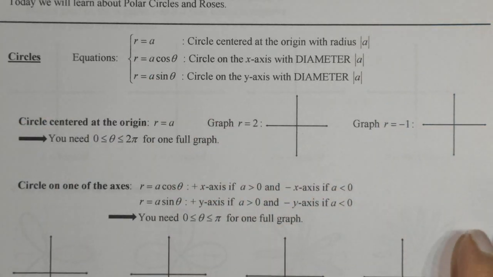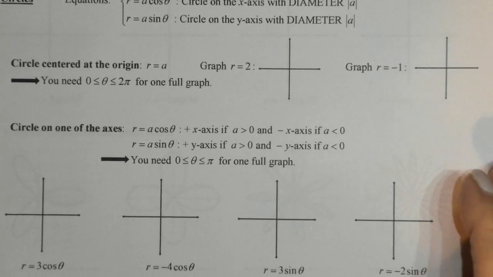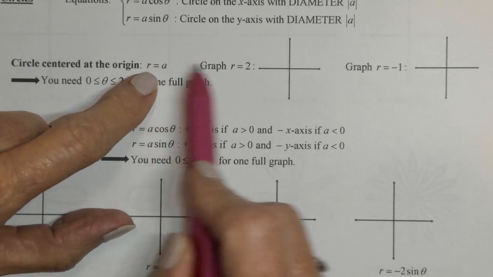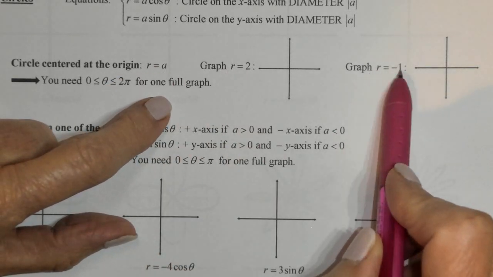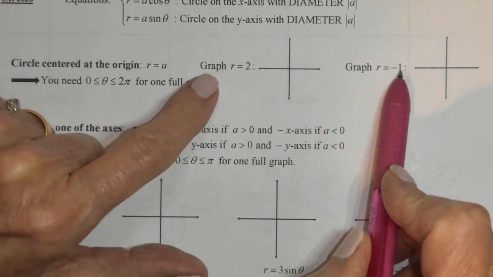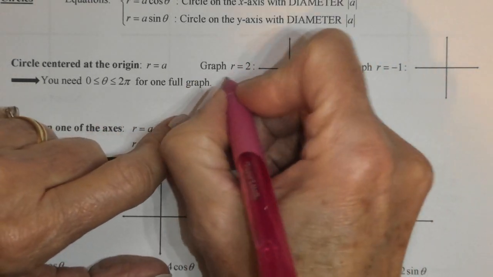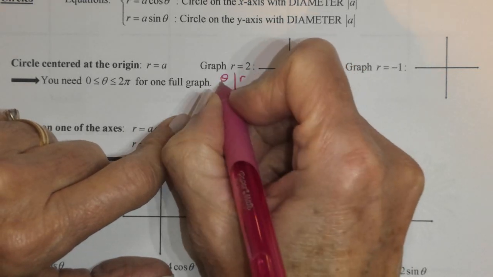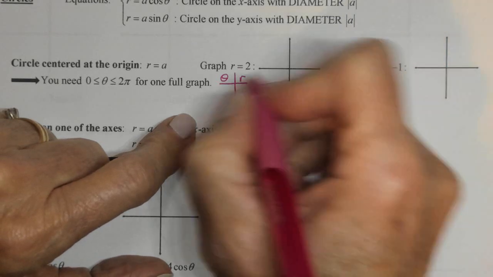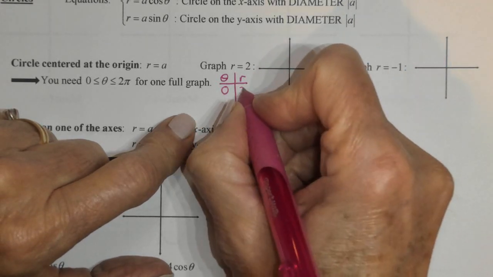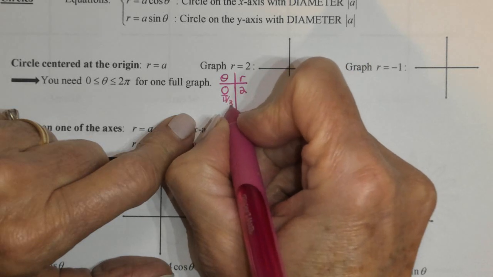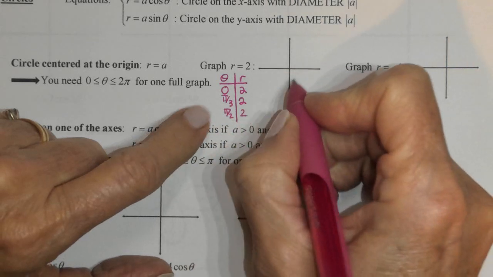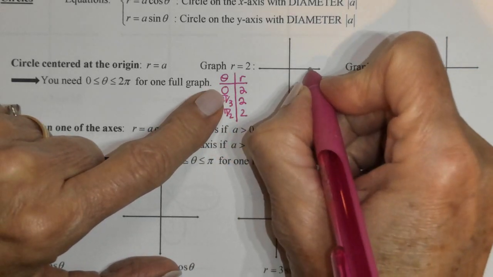Alrighty? Okay, let's begin with centered at the origin. These circles have equation r is equal to some number, like r is equal to 2 or r is equal to -1. Think of it this way: if we were to plot some values, when theta is 0, r is 2.